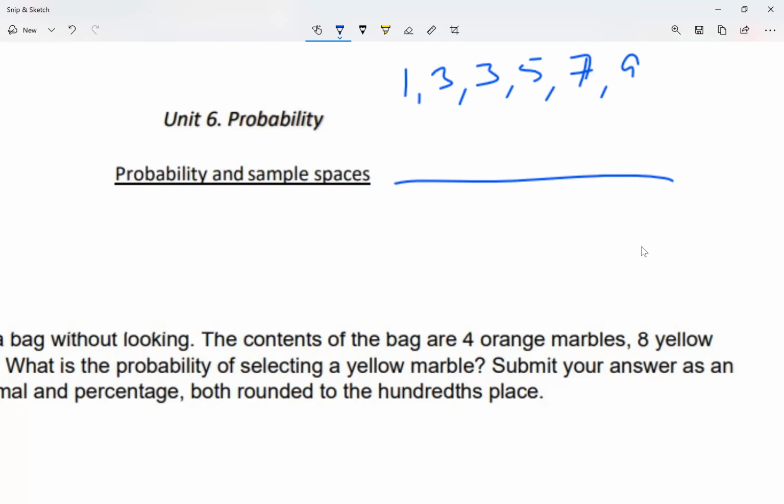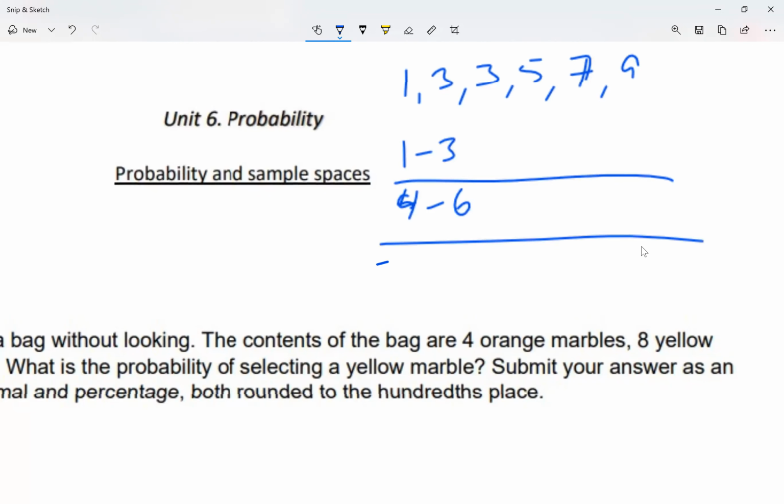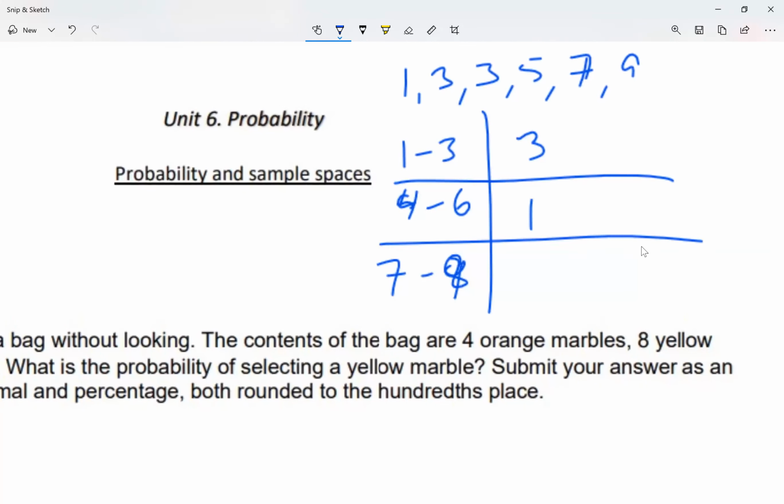Remember we used to do, let's say from 1 to 3, from 4 to 6. That was another one. And let's say from 7 to 9. And remember we used to count them. So from 1 to 3, for example, we'll have 3 numbers. From 4 to 6, I had 1 number. From 7 to 9, in this case, I have 2 numbers.